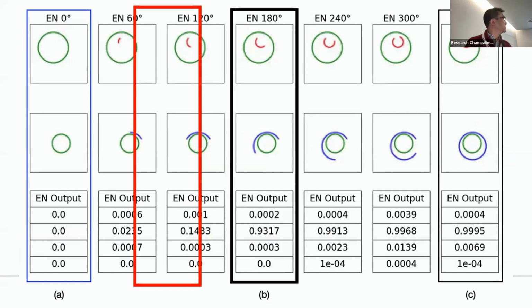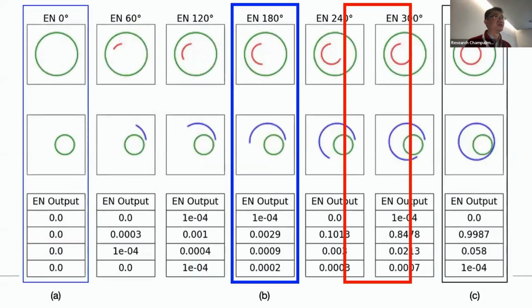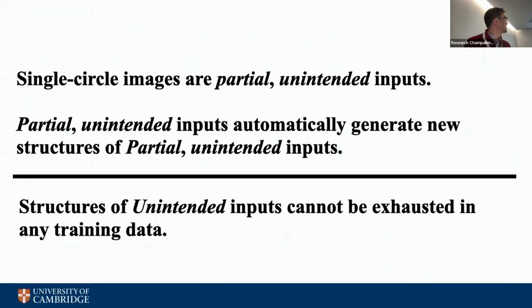So if you use training data, you will have out-of-distribution data. A single circle is partially intended, and partially intended input automatically generates new partially intended data, so we cannot exhaust unintended data.